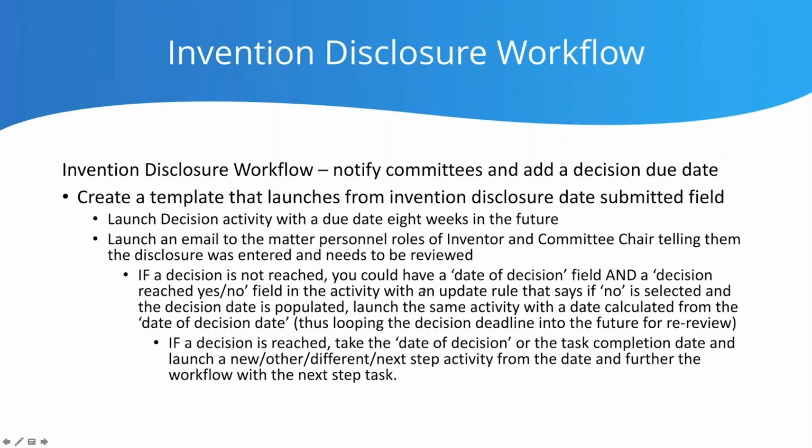Once the no and the decision date are filled in, it will then auto-launch another decision activity 8 weeks out in the future from this date of decision. So you don't have to manually go in and create another due date for this same action since the decision has not been made yet. So it's a nice way of looping it, and so you don't have to go in and manually add the dates.